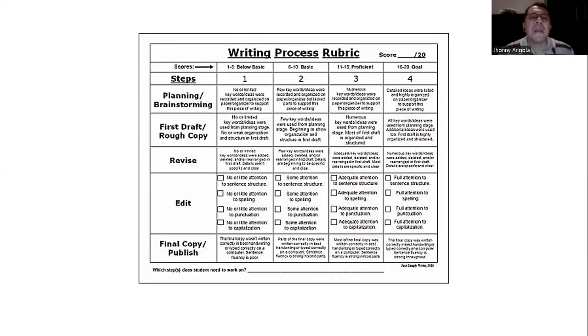Listen: planning, brainstorming, first draft, rough copy. Rough copy is like when you are thinking about your written composition, your essay, something like that. You are thinking in the listening, speaking, reading, writing skills, writing in this case.